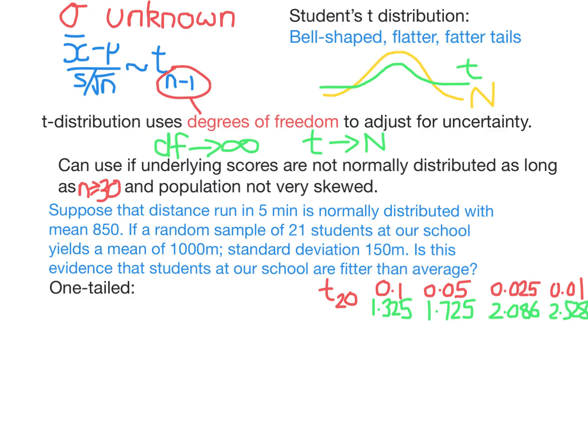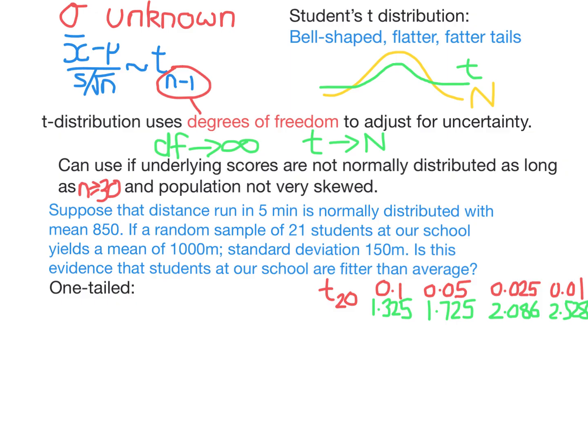So that's why the degrees of freedom is one fewer than the total sample size n. So as these degrees of freedom get larger and larger, the t-distribution looks more and more like a normal distribution. And that makes sense. As you have more observations in your sample, as n increases, that reduces the uncertainty.